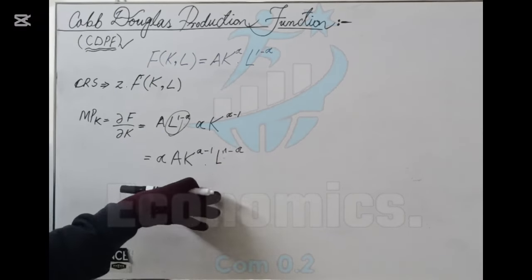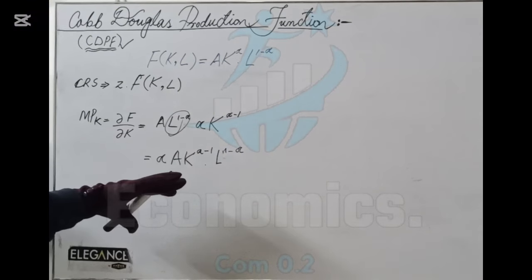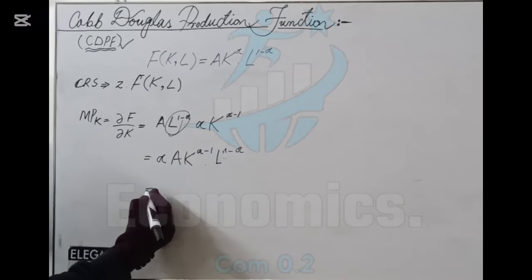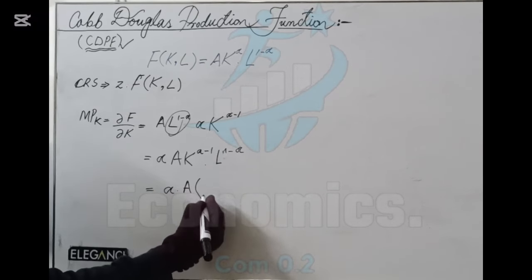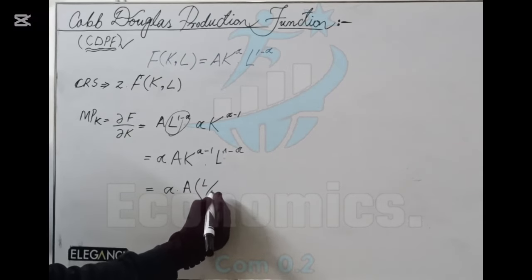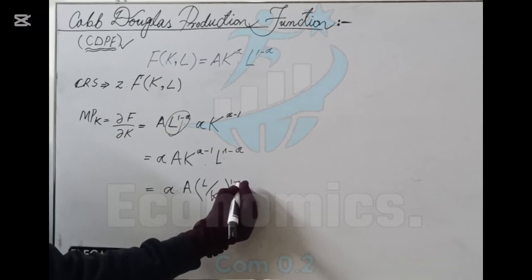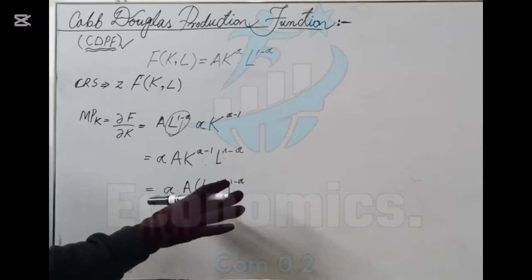Using the rule of exponents, we can write this as alpha A times L over K, the whole raised to the power 1 minus alpha.